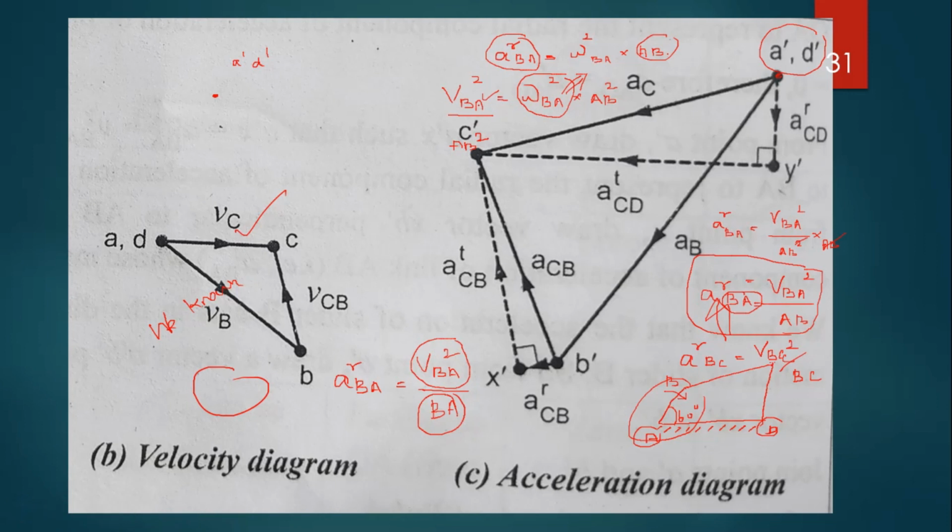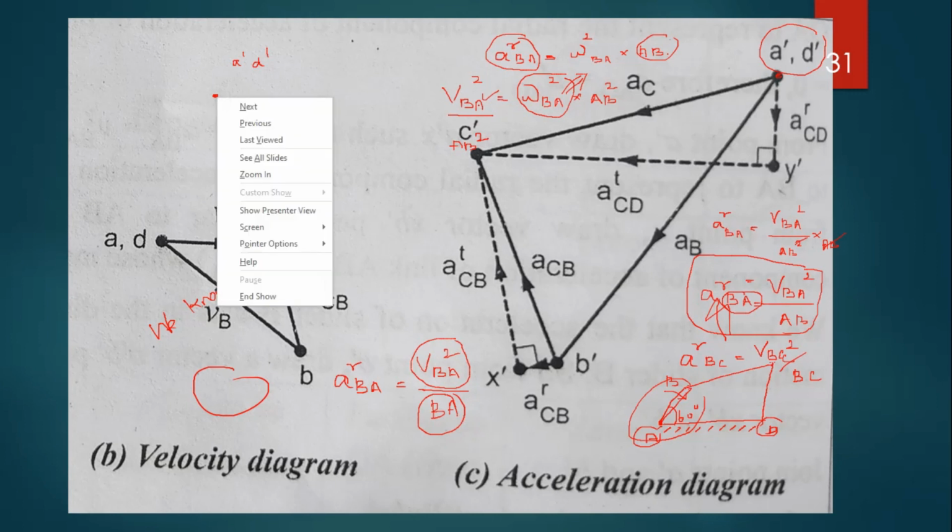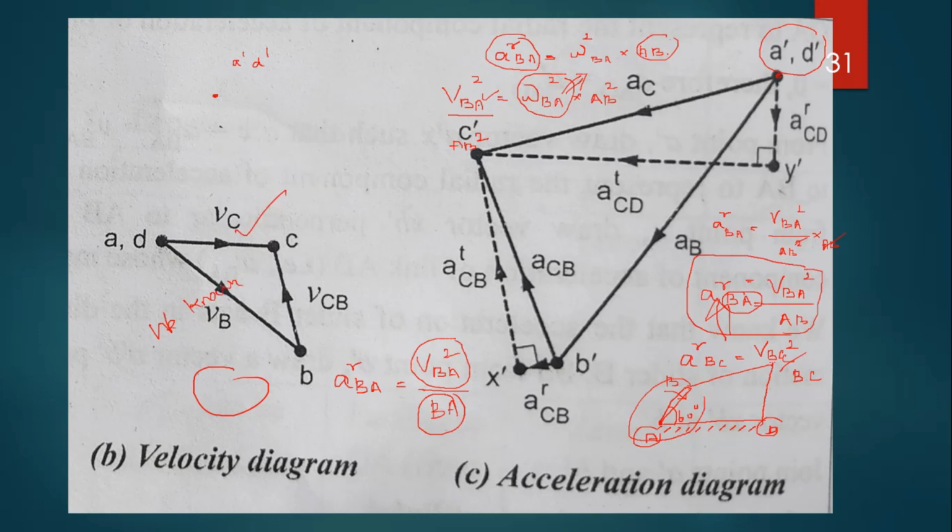Here the link AB is there, so we have to draw a line parallel to this link AB but in the opposite direction. From point A, we have to draw the line towards the bottom and it should be parallel to the link AB. And what is the magnitude?